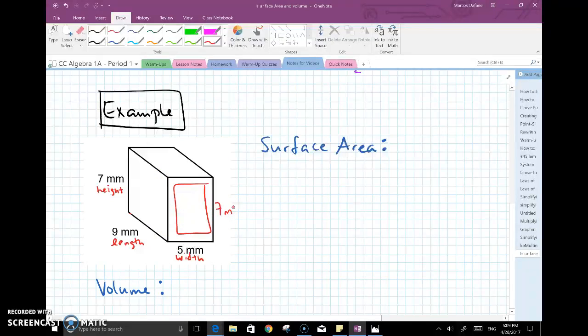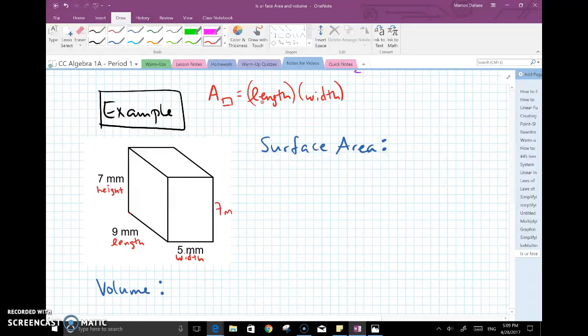To get the area of that, all I have to do is remember the formula for the area of a rectangle. The area of a rectangle is equal to the length multiplied by the width. Now, that's a standard formula, but you can replace length with height if you want.